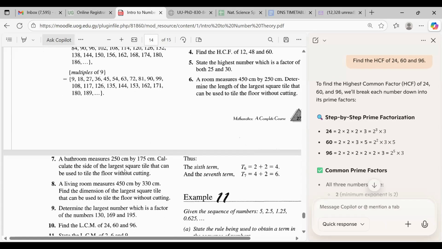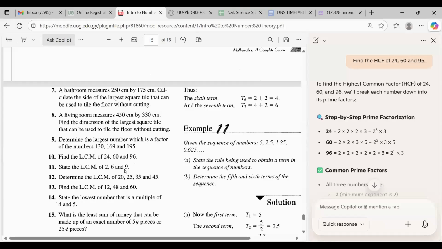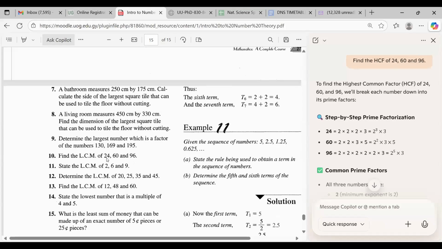Let's go to one with LCM. Okay, look here. Find the LCM of 24, 60, and 96, right? Let's ask the AI to do that.